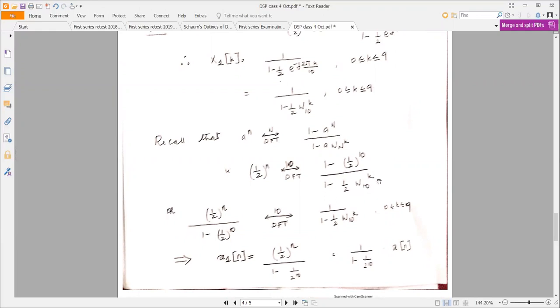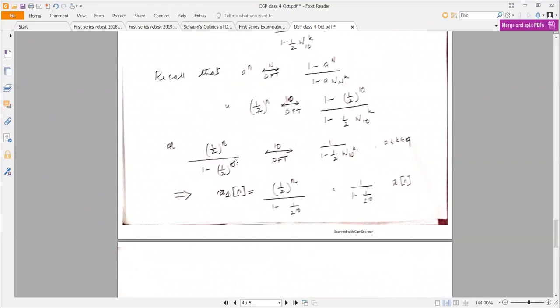You see that the denominator is the same as this expression, and in the numerator you have a constant. So (1/2) raised to n divided by 1 minus (1/2) raised to 10 would have a 10-point DFT given by 1 by 1 minus 1 by 2 W10 raised to k for 0 less than or equal to k less than or equal to 9. So this is what you require.